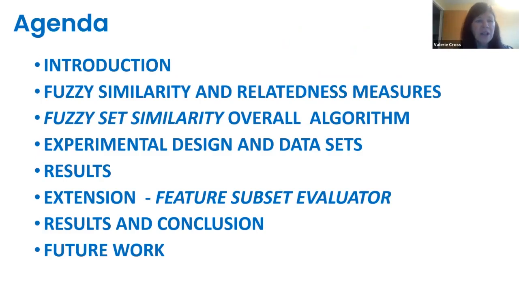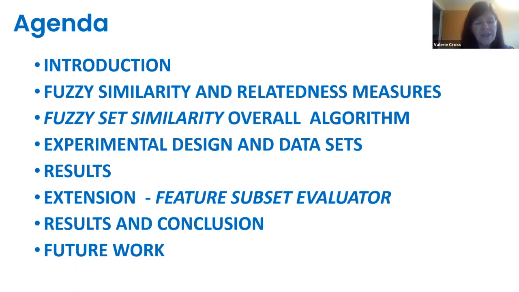I'll give a little introduction, a little bit about fuzzy set similarity, and the overall initial algorithm. The first part of this, we presented at the International Conference on Fuzzy Systems last year, which was supposed to be in Edinburgh, but again, it was all virtual. Then how we designed experiments and results.